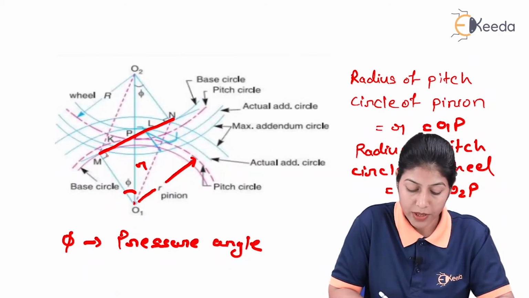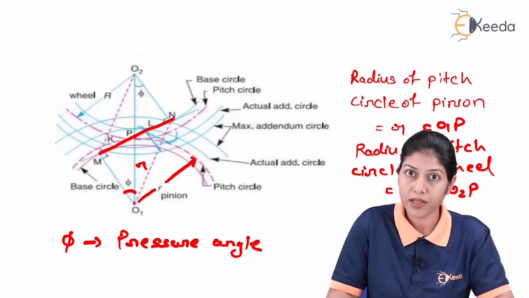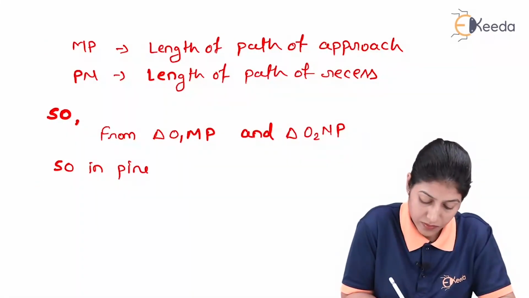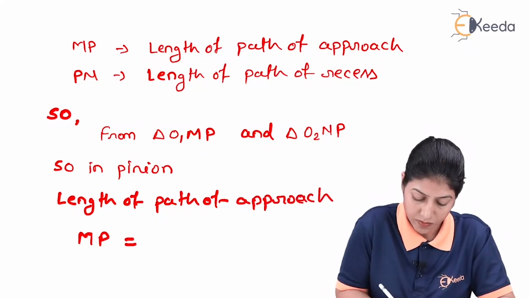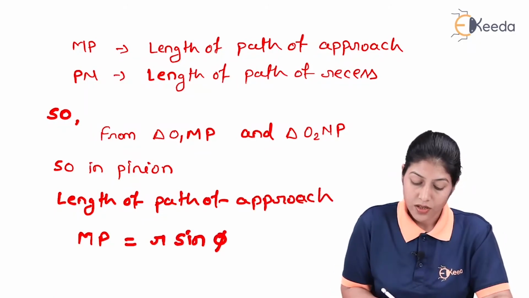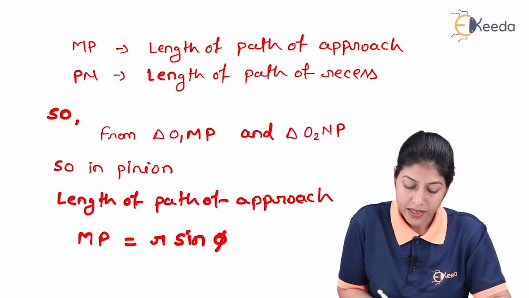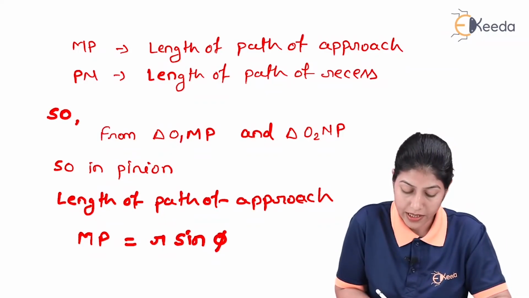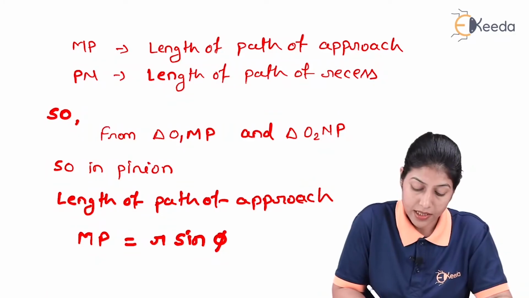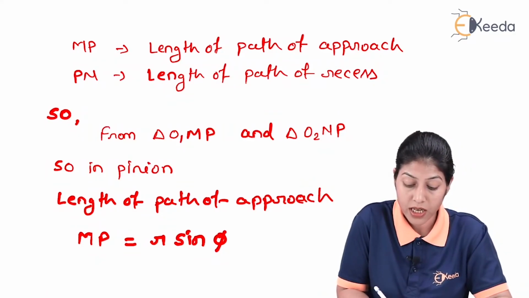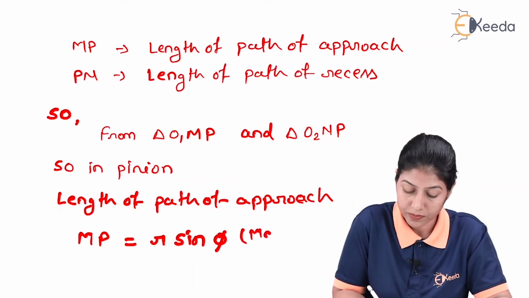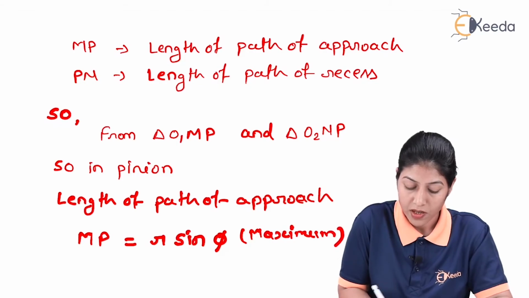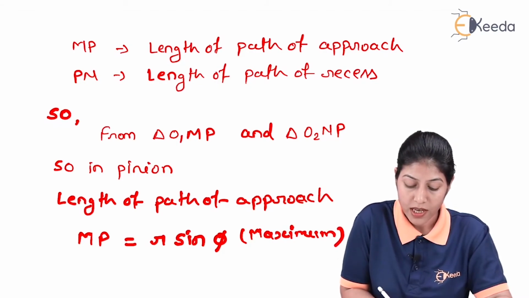On that basis we can define the value of MP. With the help of the triangle, MP is r sine phi, and this is the limiting, or maximum, length of path of approach. So the maximum length of path of approach is r sine phi.